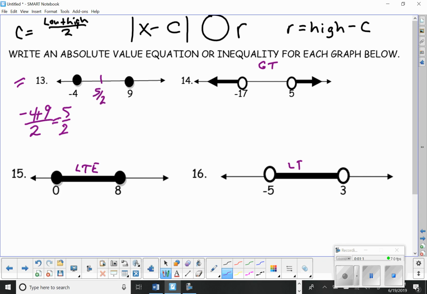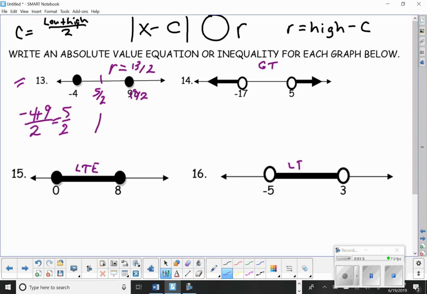5 halves. And then you need your r. Remember that r is this distance. Well, this guy, 9, that's the same thing as 18 halves. So if I do 18 minus 5, r will be equal to 13 halves.